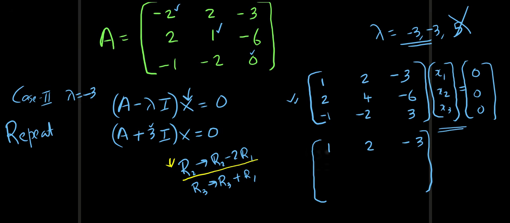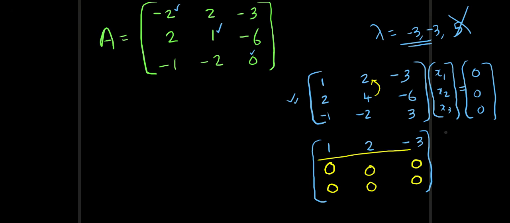Now 2 minus 2 gives me 0, and 4 minus 2 times this, again 0, and finally minus 6 minus minus, that will be plus 6, so 0. Actually it's a multiple. Now the last one, minus 1 plus 1, minus 2 plus 2, and 3 minus 3, that is 0. So look at this. This is the reduced system, with x1, x2, x3 and 0, 0, 0.